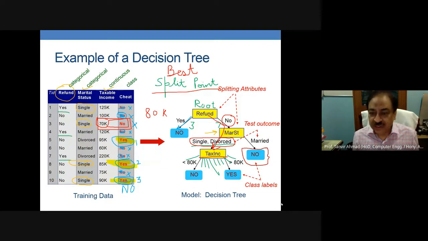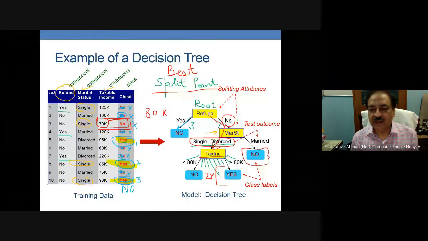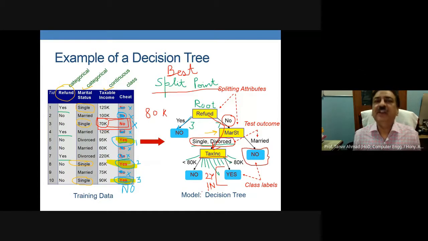The majority voting means that if at this point I find that there are 2 yes and 1 no, then in that case, 2 is more than 1. Therefore, I apply yes at that point. And this is called the majority voting. It will only take place if the attributes are exhausted, and after that also you are not getting a pure partition.